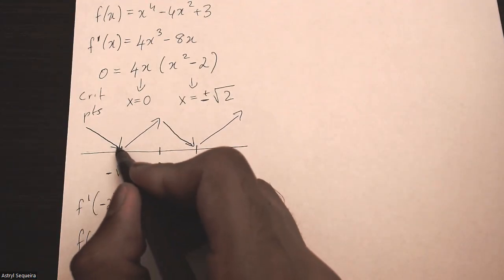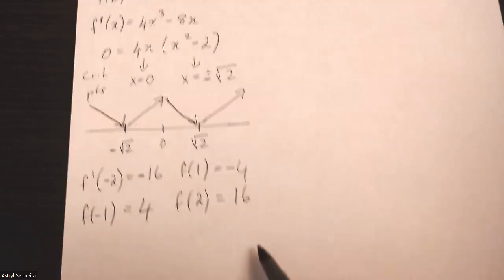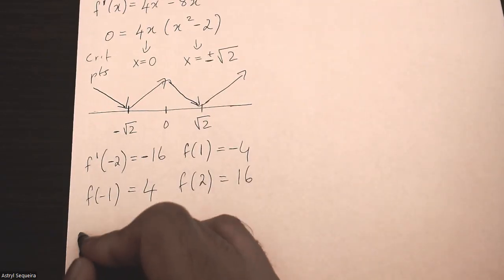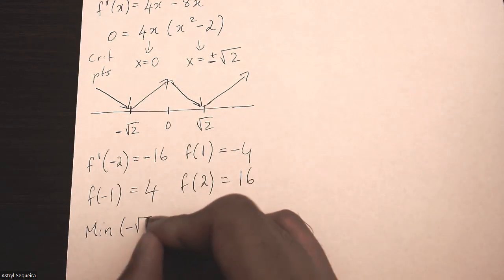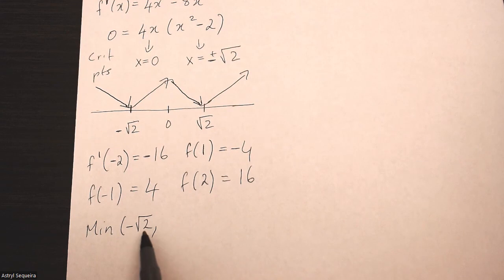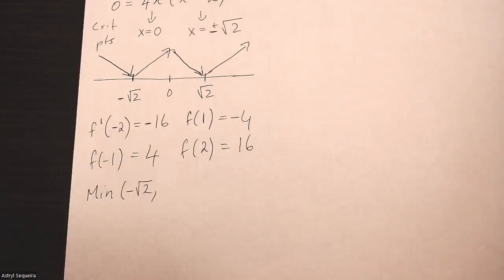So we can tell that we have 2 minimums over here and 1 maximum. So let's start with the minimum over there. The first minimum has an x value of negative root 2. I'm going to sub this into my original equation to find the y value.